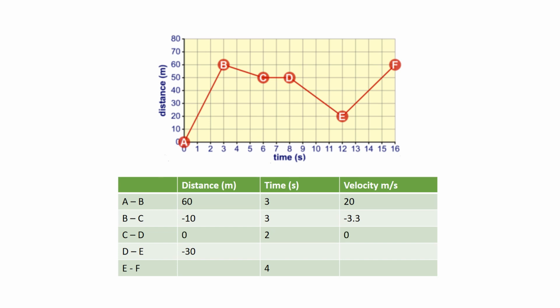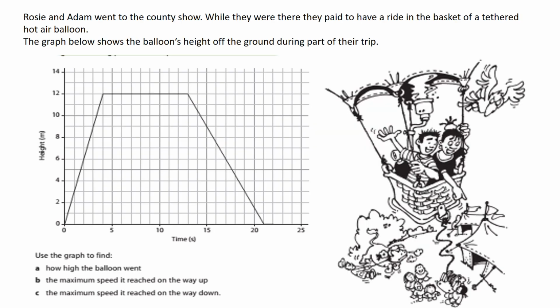C to D, 0 because it's stationary, therefore 0 divided by 2 is 0. -30 divided by 4 gives me -7.5. 40 divided by 4 gives me 10. Just simple maths. You would have found yourself getting 4 out of 80, so 5% of the paper, by being able to complete that table. It's easy marks. Look, don't leave it blank.